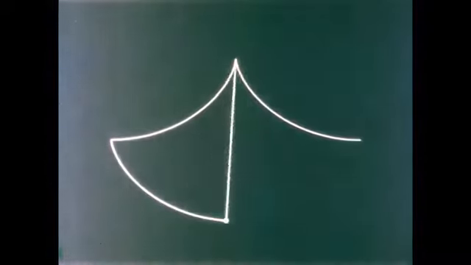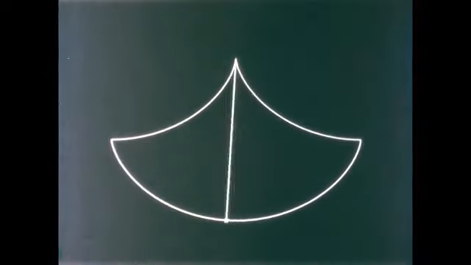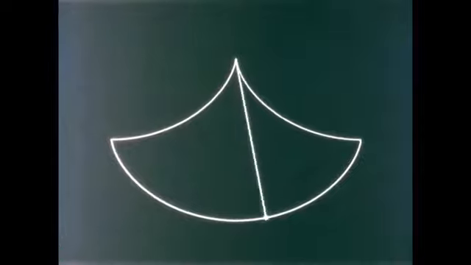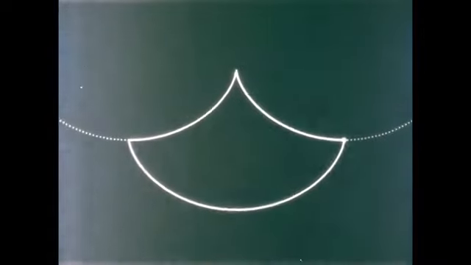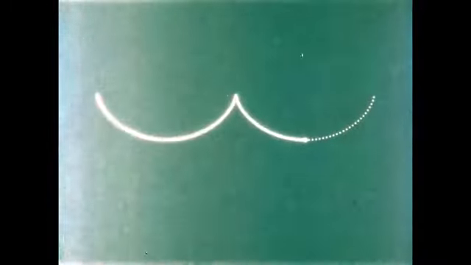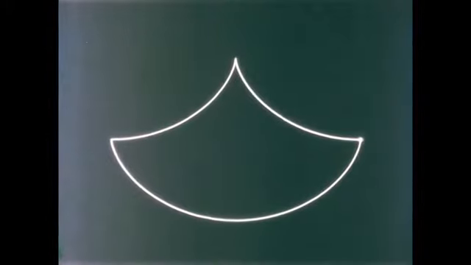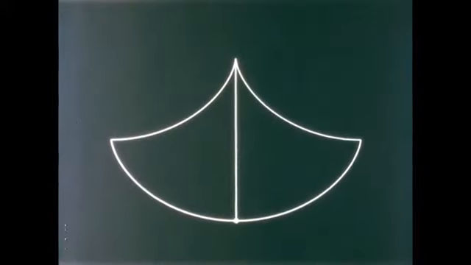The curve that you generate by unwrapping a string from round a cycloid is another cycloid of exactly the same size. This construction gives us a relationship between the length of the pendulum and the length of the curve.